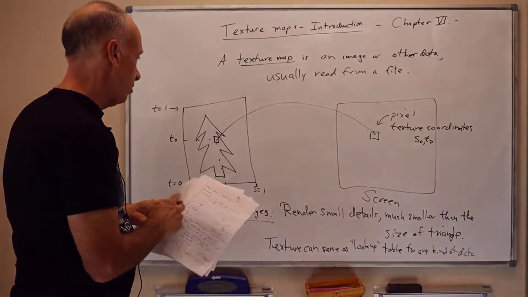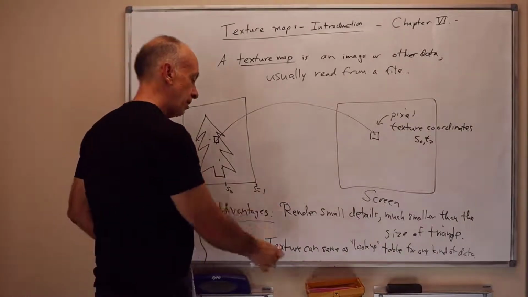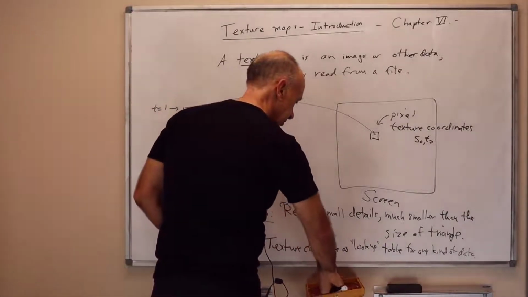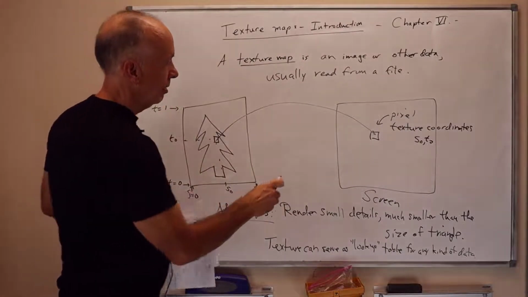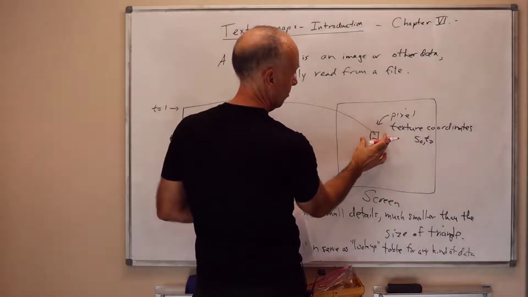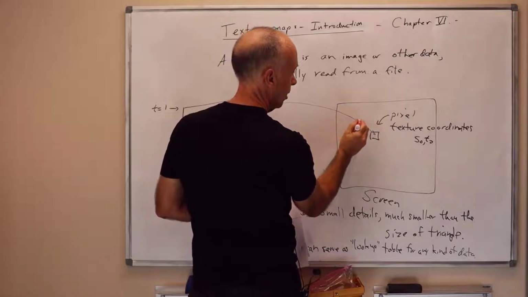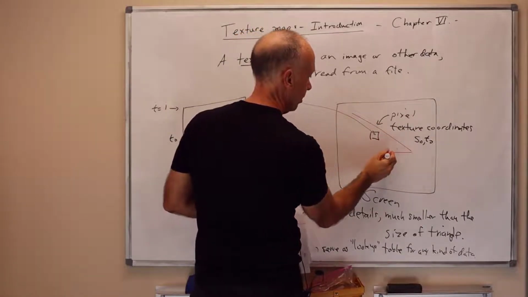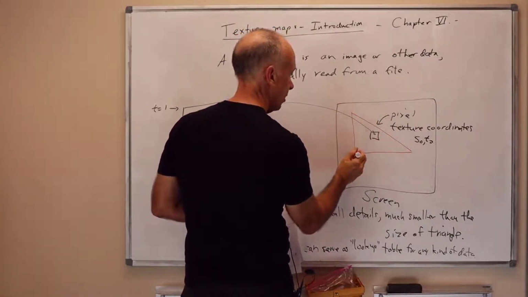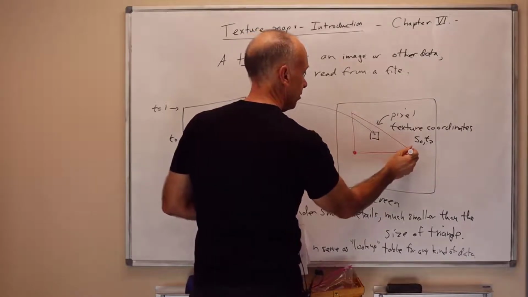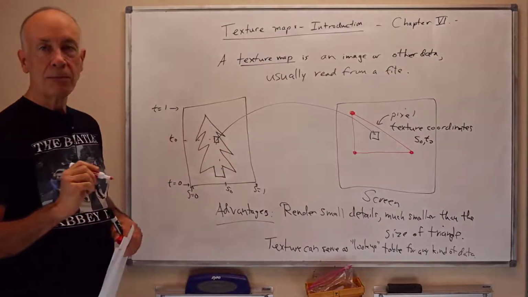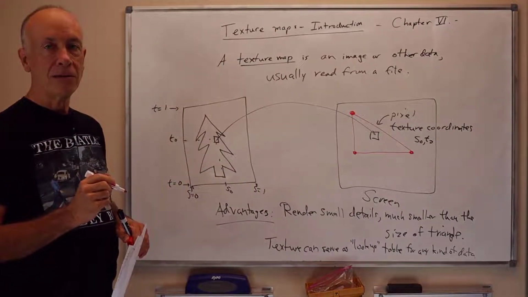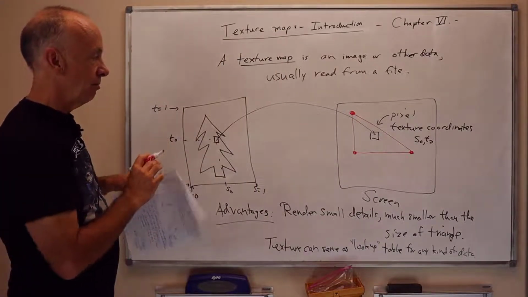So just to expand a little bit on the first advantage, how would we render small details even though we have big triangles? Think of this texture map being rendered on top of triangles. So we might render some triangle on the screen like this. The triangle is first specified as a triangle in 3-space. It's then mapped by the model view and projection matrices into the screen.